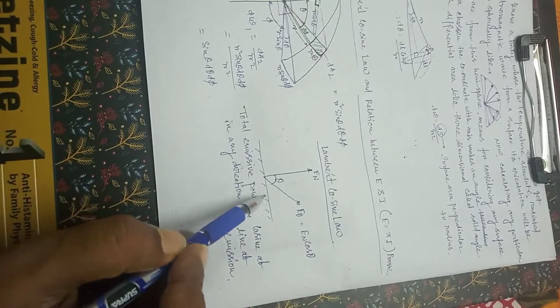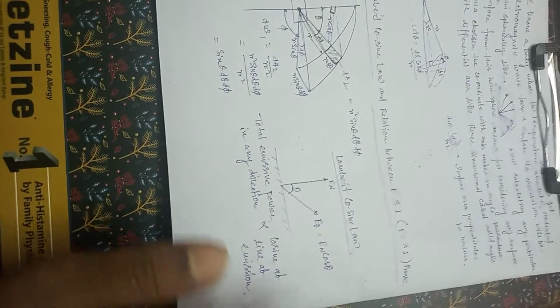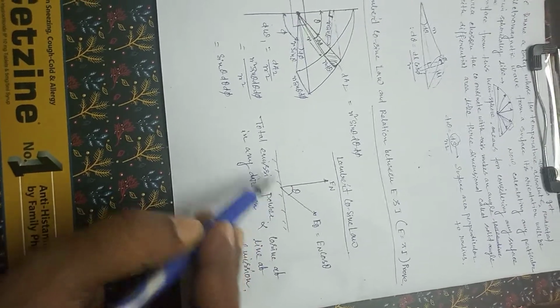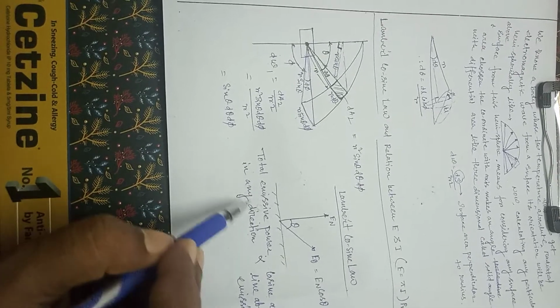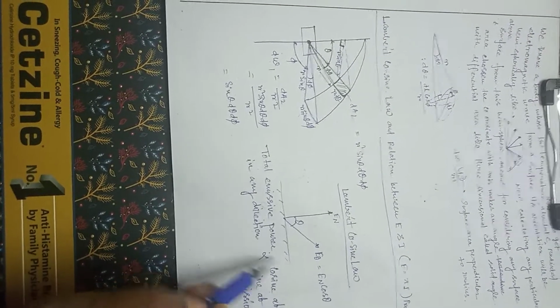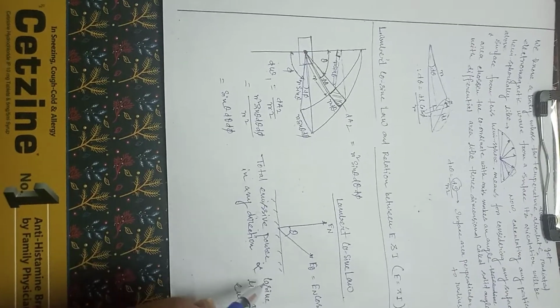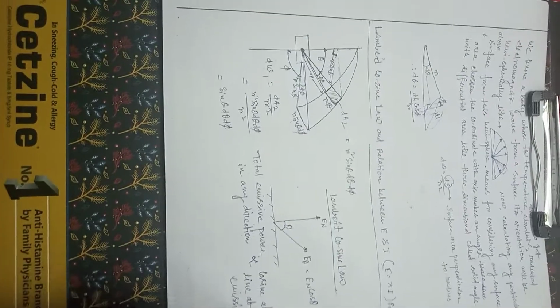From any surface, like a black body surface, or whatever, the total emissive power in any direction is proportional to the cosine of the line of emission.